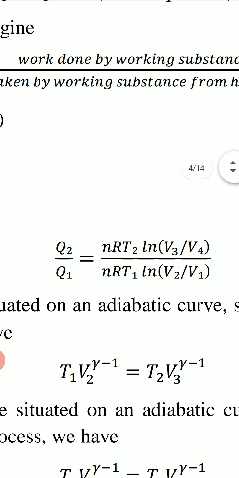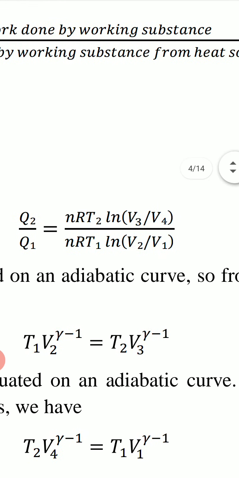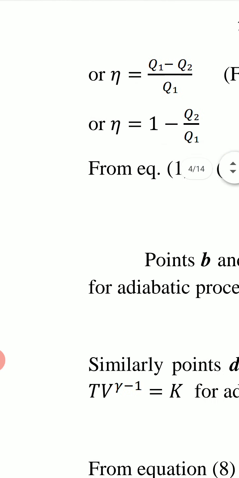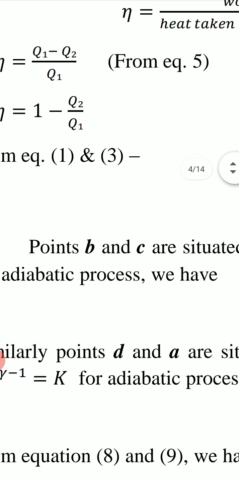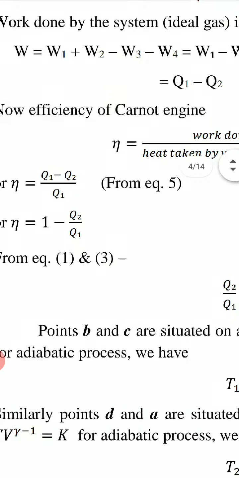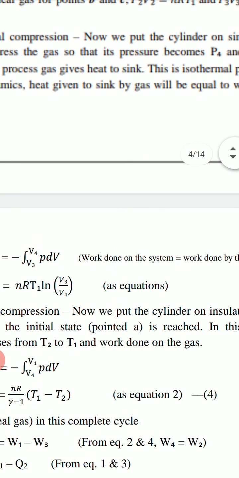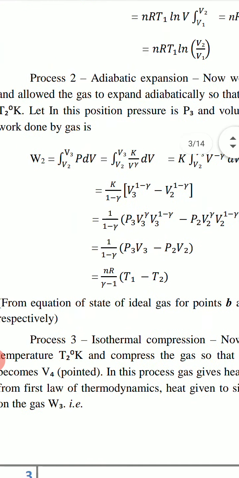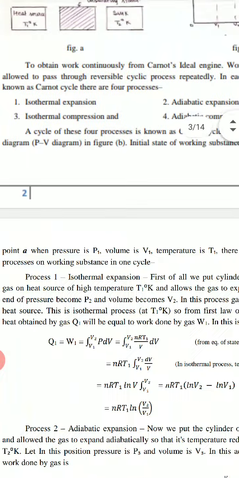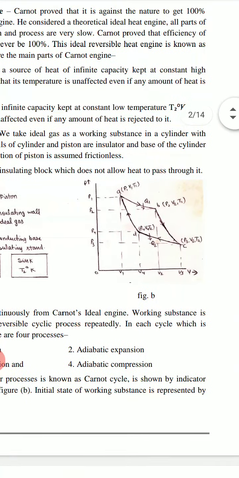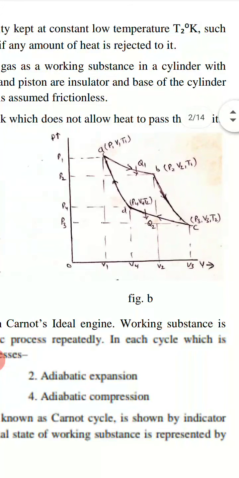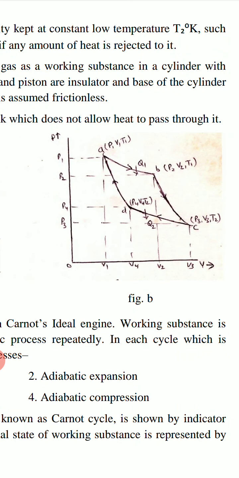To prove this, we consider two adiabatic processes in this PV diagram. First is BC and second is DA. These are two adiabatic processes, BC and DA.